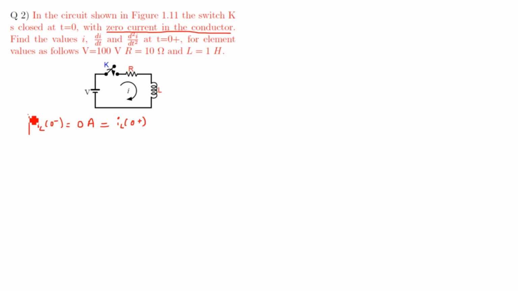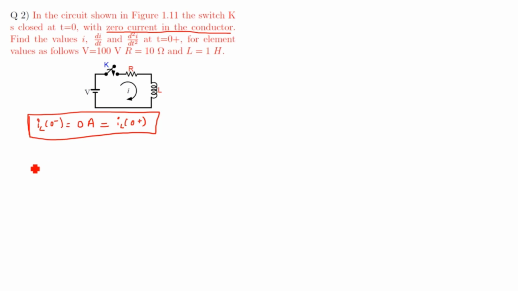Because current through an inductor changes not instantaneously, before and after switching, current through an inductor will be the same. Because of this, I can write it here. And you can write the status of the switch. At t equals 0 minus, the switch was open. At t equals 0 plus, the switch will be closed.